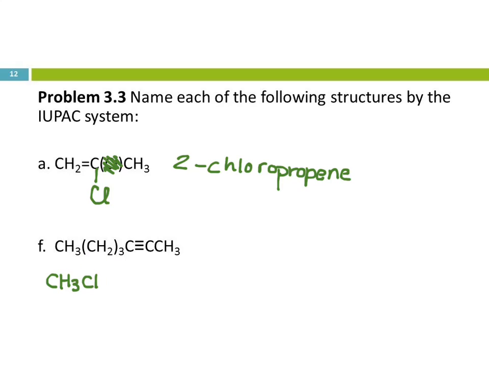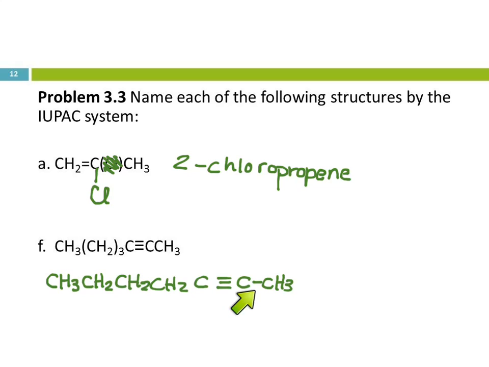So CH2, there's 1, 2, 3. It's just a space-saving thing. And then there's a carbon with a triple bond to another carbon, and then on that carbon is this methyl group.